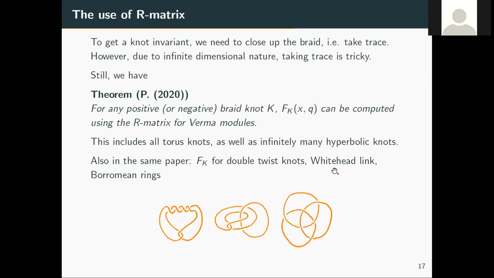I have a question. Sometimes you have a closed form expression for FK. Sometimes you don't. For instance, here you don't have a closed form expression, right? Yes. For figure 8, they didn't write down a closed form expression in their paper.